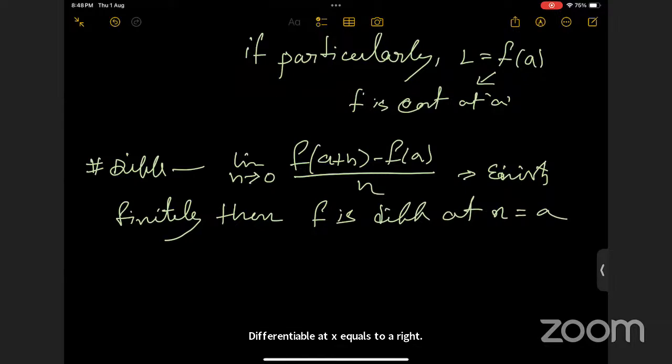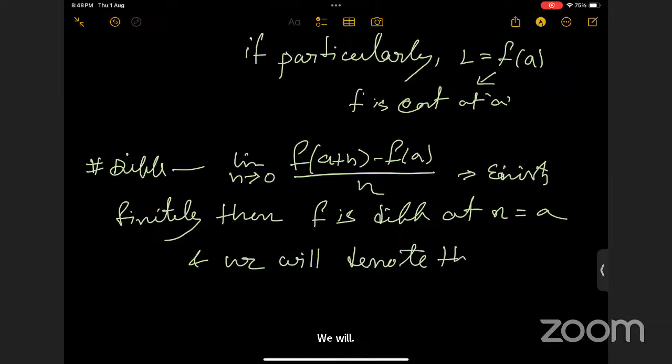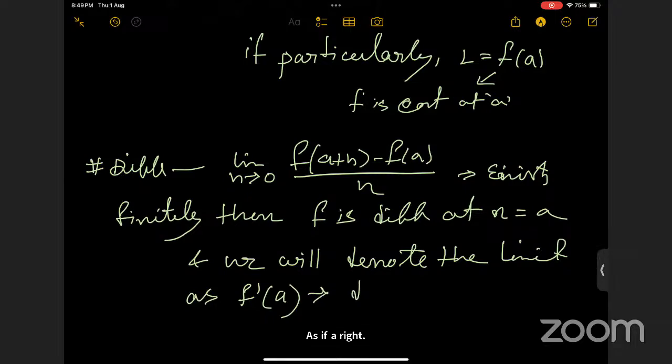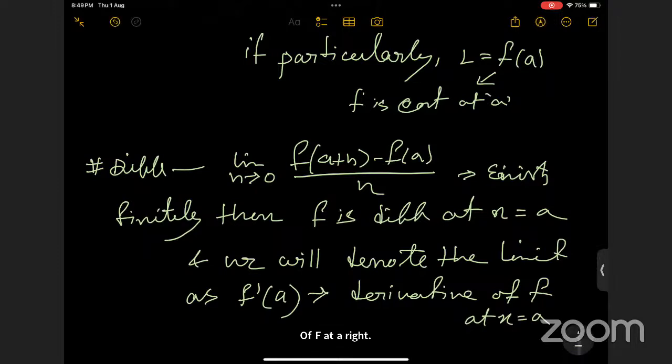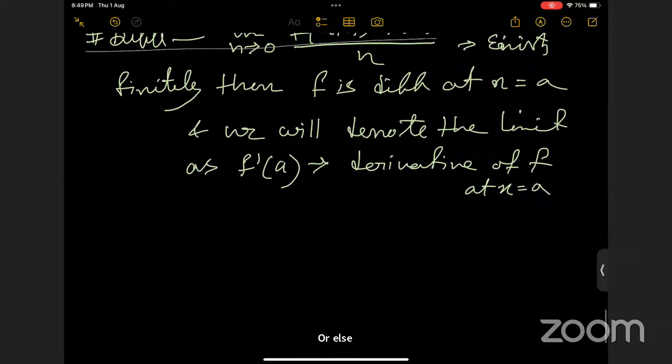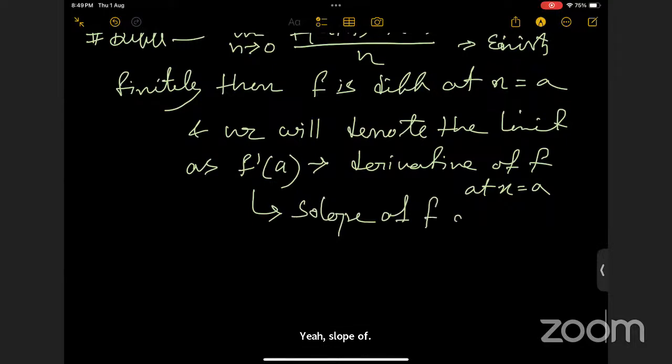And we will denote this limit as f dash a. We will call this the derivative of f at a. Or else, what is the other name? Slope. Yeah, slope of f at the point x equals to a, right?